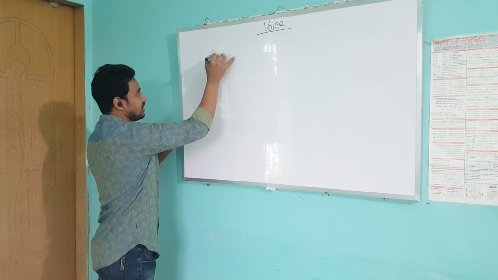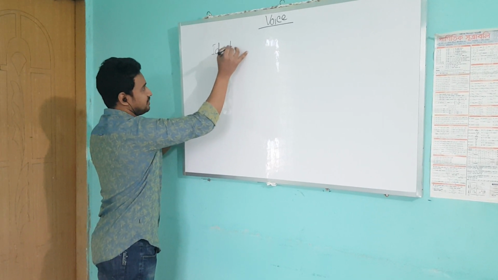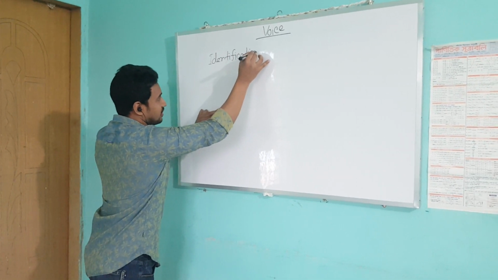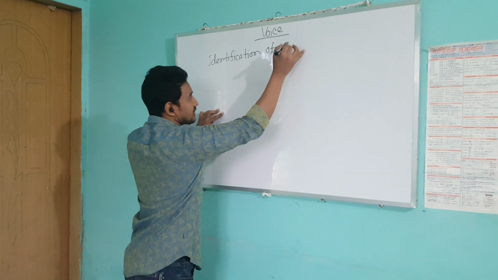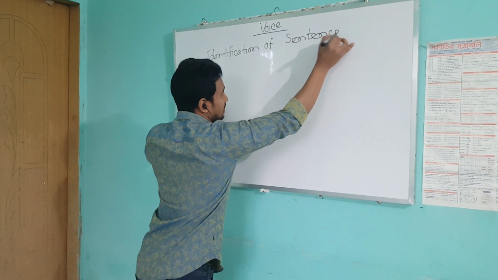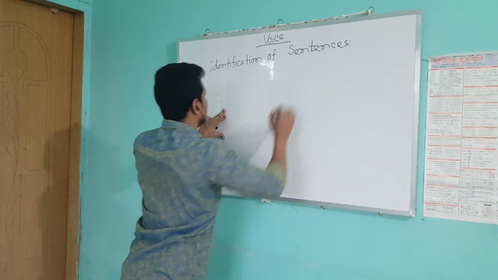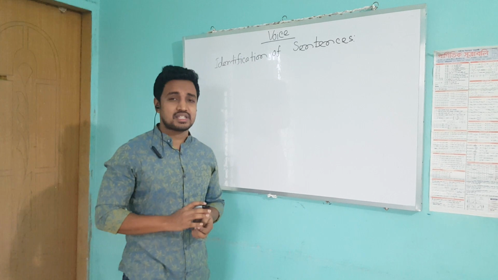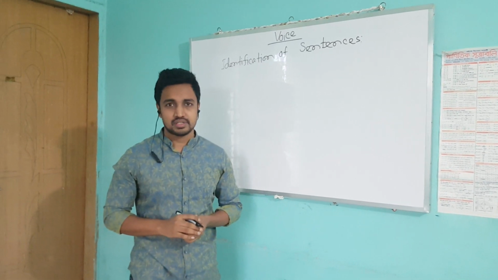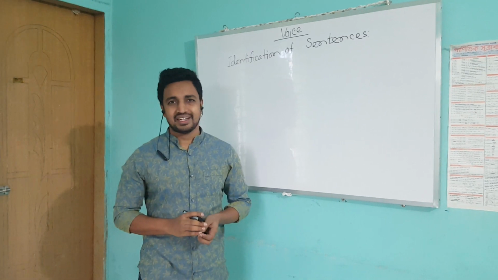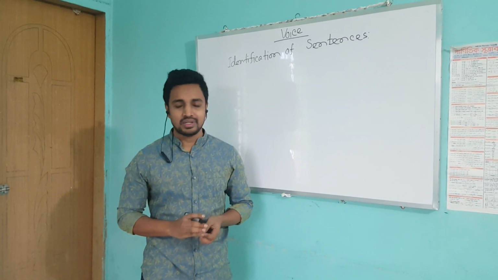So, identification of sentences. And at the same time, I just want to request you to please revise tense and persons, so that for the next part of the class you may catch the thing wholeheartedly.